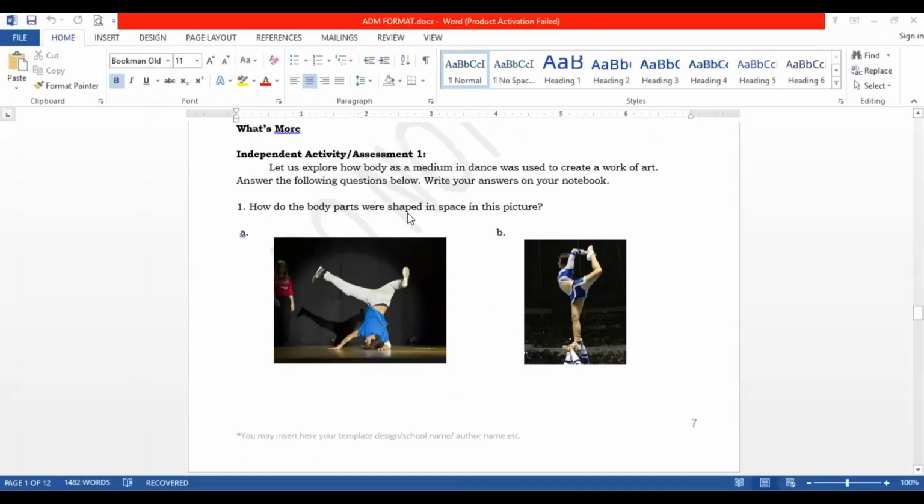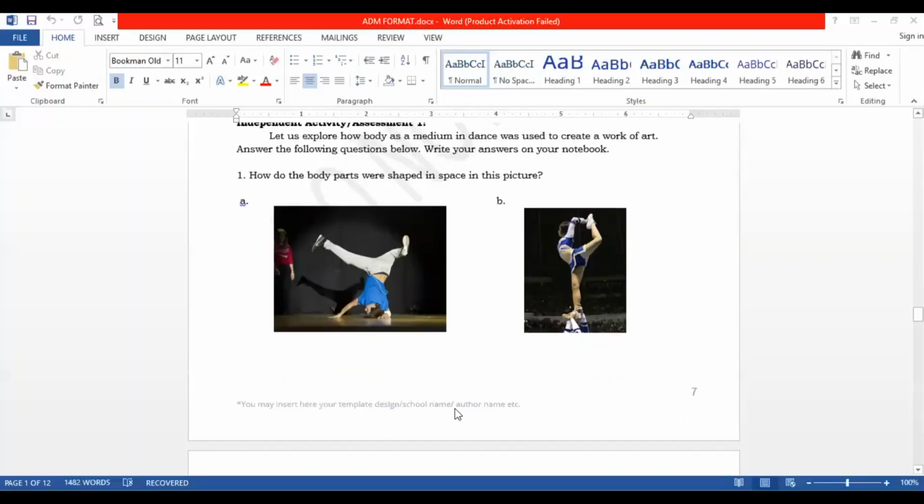How do the body parts were shaped in space in this picture? So, pwede dito nilang sabihin na dito nakapag-create ng round shape yung katawan ng cheerleader. So, dito V or etc.